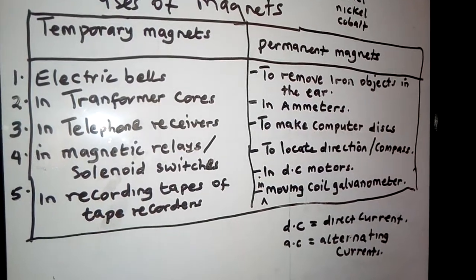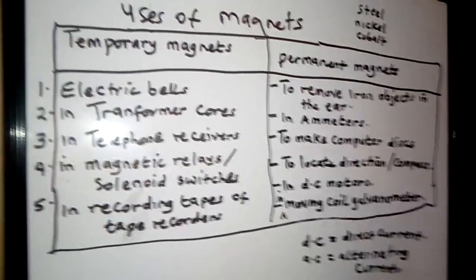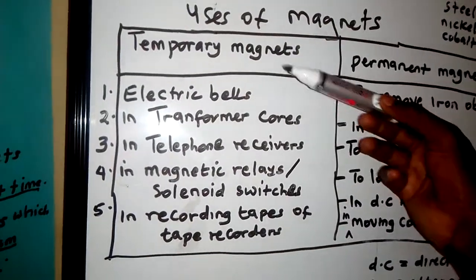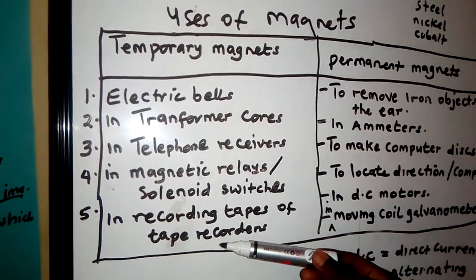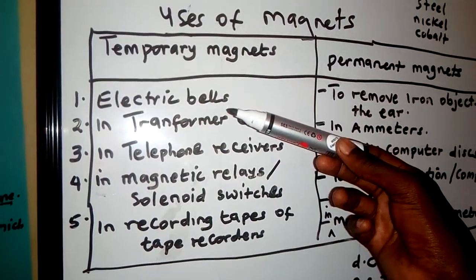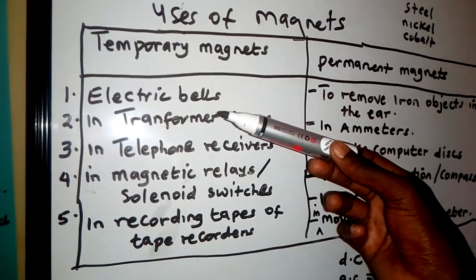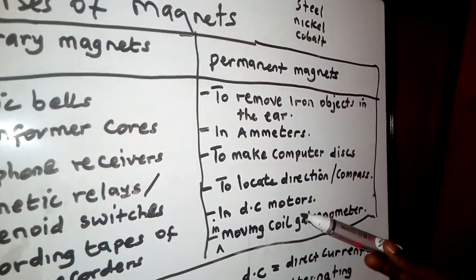But if the examiner says list uses of temporary magnets, then the right answers are on this side of the table. And if the examiner says list uses of permanent magnets, then the right answers are on this side.